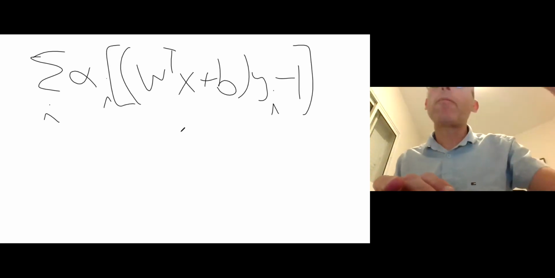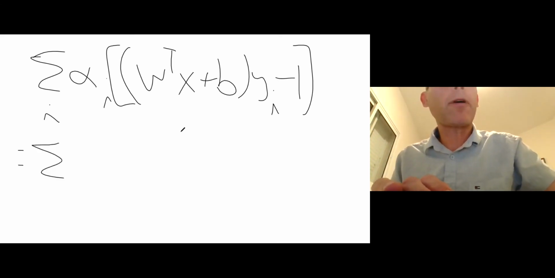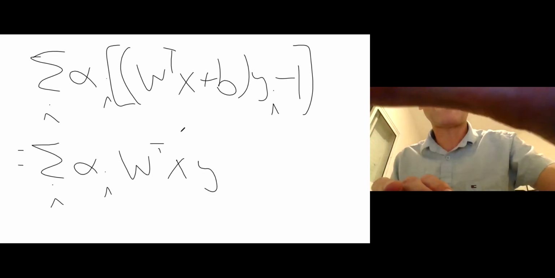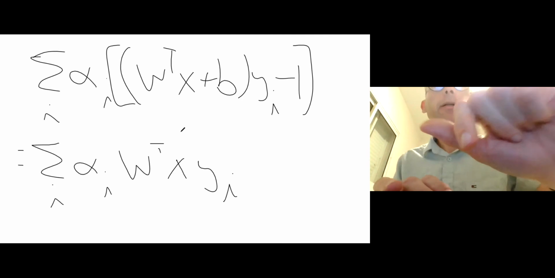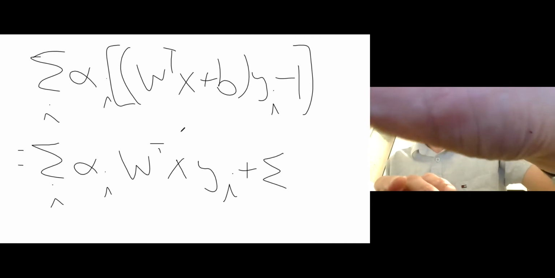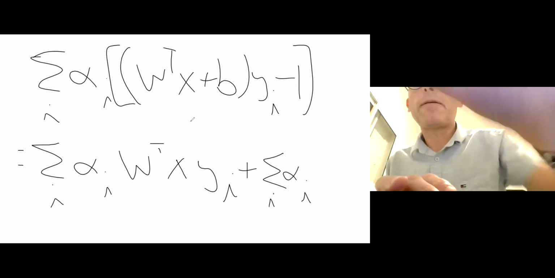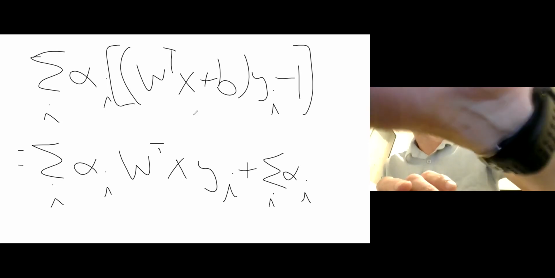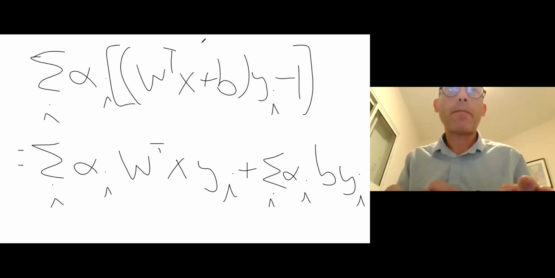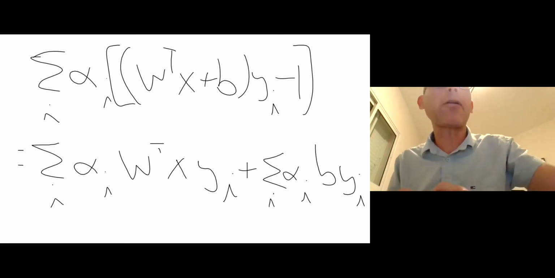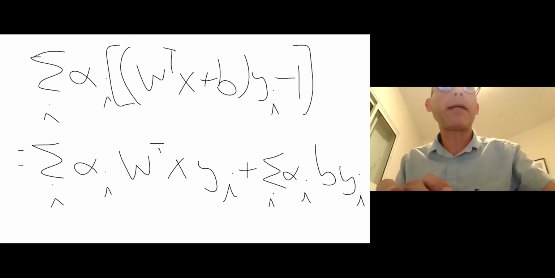Okay, so when we replace W, this basically equals the sum over i alpha_i W^T x_i y_i, plus the sum over i alpha_i b y_i, and this is all in a big minus.